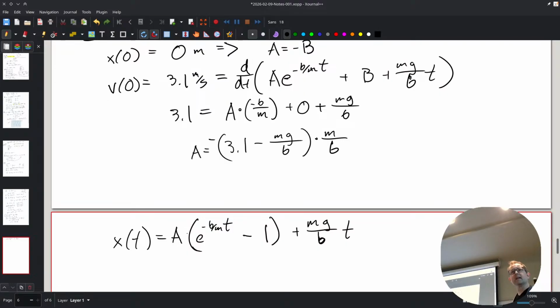Then, taking all that and plugging it back in, A is some value, because we have 3 minus mass divided by b times mass over b. Then plugging those in. How are we doing?